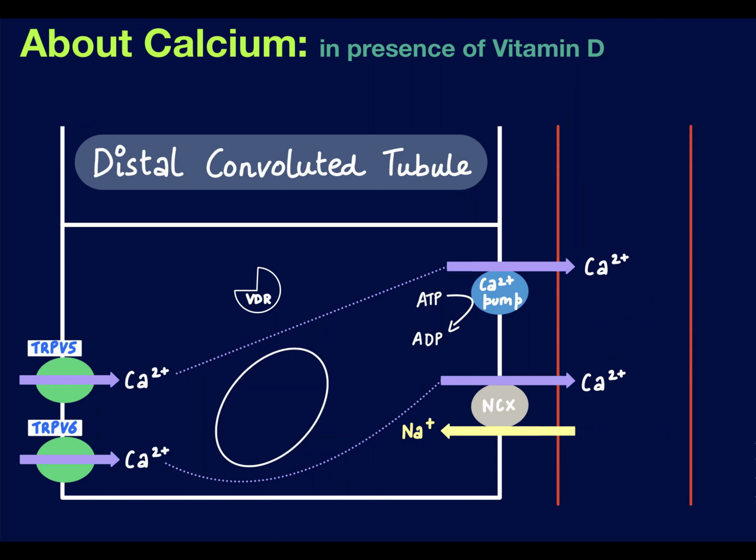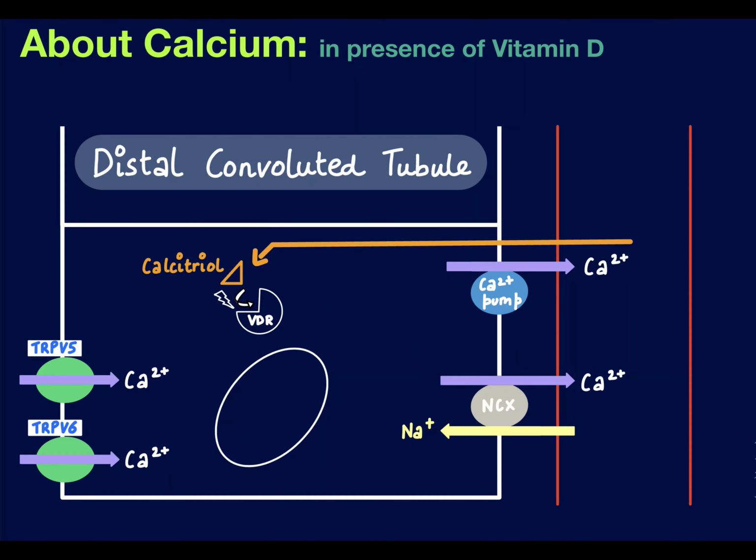Now let's see the detailed mechanism of action of vitamin D. We can see the vitamin D receptor. The already activated form of vitamin D from the PCT, that is calcitriol, enters the distal tubular cells and attaches to these vitamin D receptors.